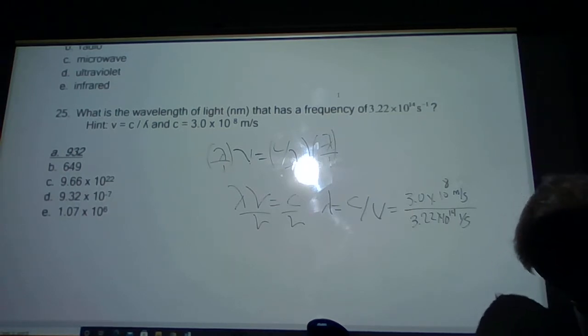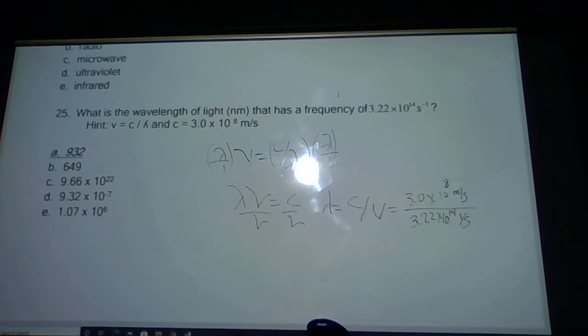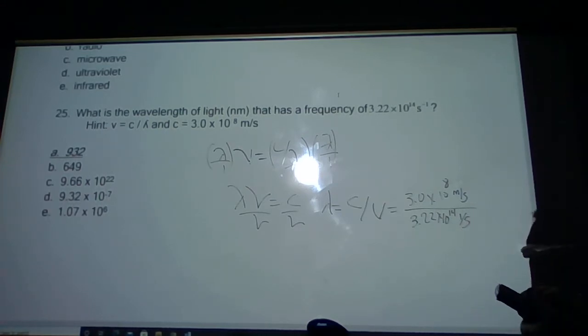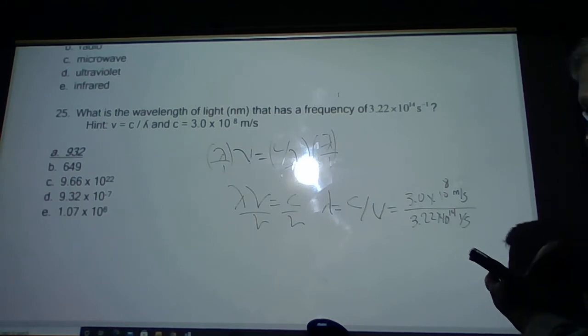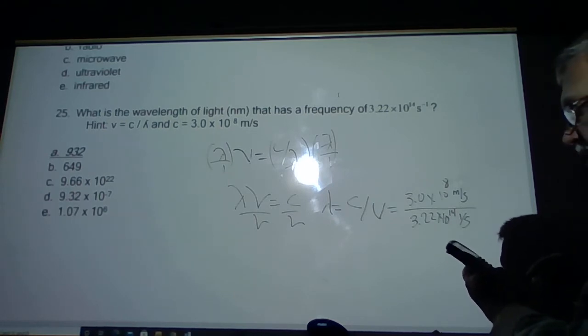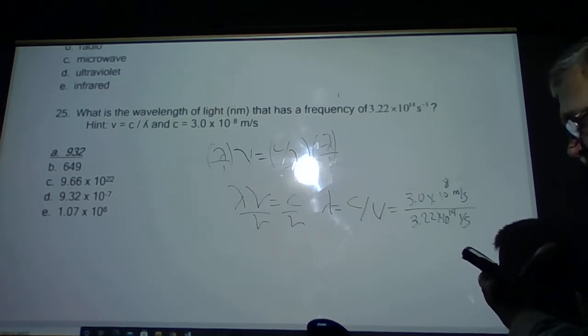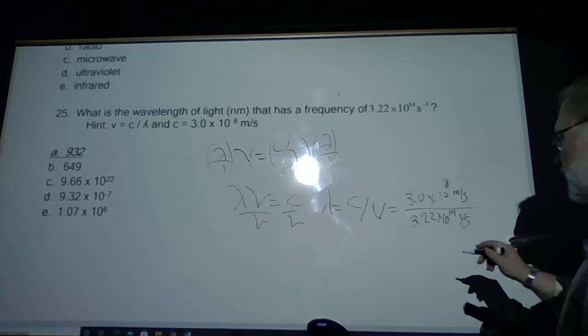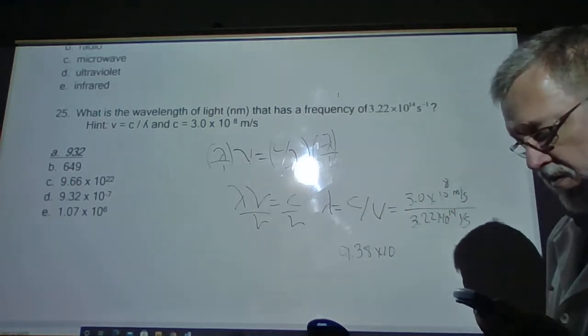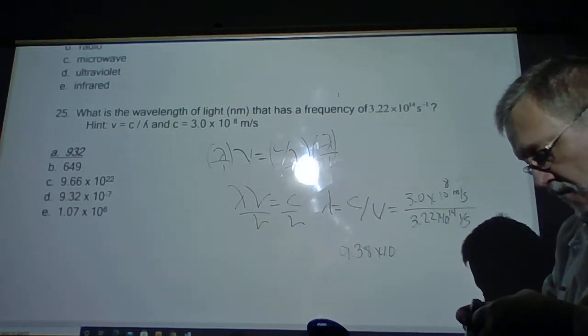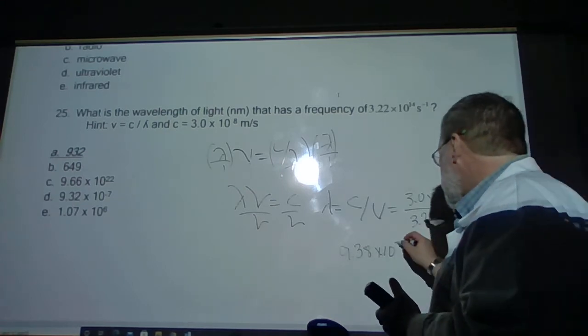Doing that initial calculation, three times 10 to the 8th divided by 3.22 times 10 to the 14th. This gives us 9.38 times 10 to the minus 7th.